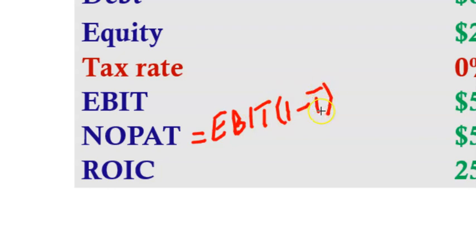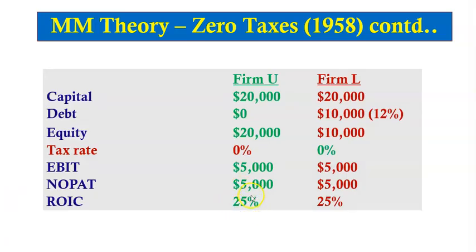As the tax rate is 0, NOPAT will be equal to earning before interest and taxes multiplied by 1. So we will have EBIT equal to NOPAT in the case where the tax rate is 0. As we can see here, the return on invested capital for both the firms is the same.